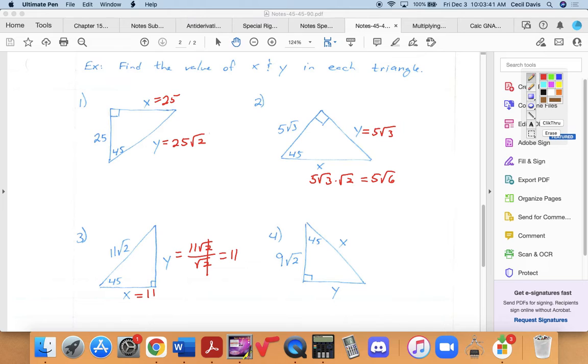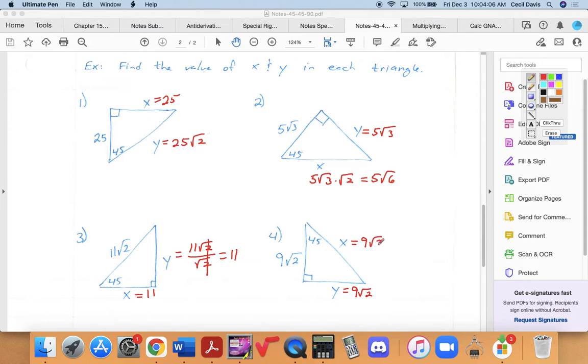For number 4, we've got a 45, 45, 90 triangle. This leg is 9 square roots of 2, so what do we immediately know with no computations? Yeah, y is 9 square roots of 2. How do we find the hypotenuse?